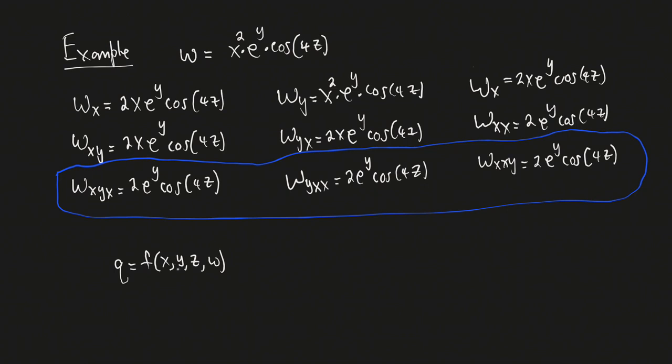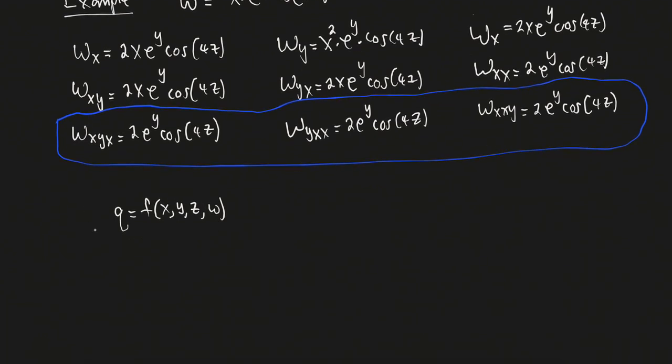So let's say you had a function of 4 independent variables. Then, for instance, let's say q sub x y x z z w w w. So let me write down a mixed partial that is a different order, but is guaranteed to end up giving me the exact same thing.